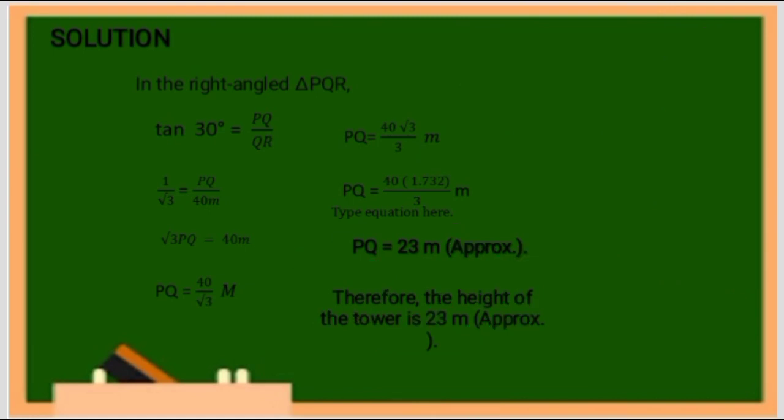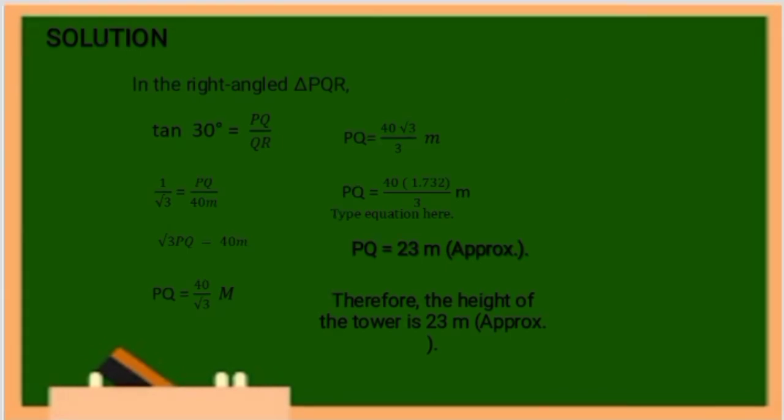That's why PQ is equal to 40 square root of 3 over 3 meters. Square root of 3 is equal to 1.732. So PQ is equal to 40 times 1.732 over 3, which is equal to 23 meters. Therefore, the height of the tower is 23 meters.